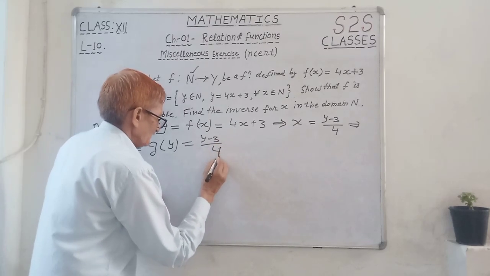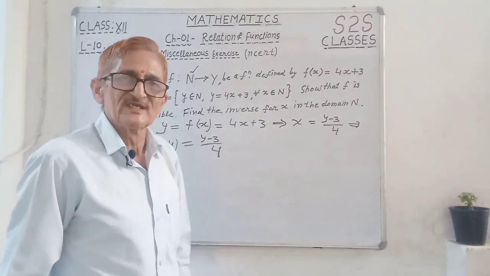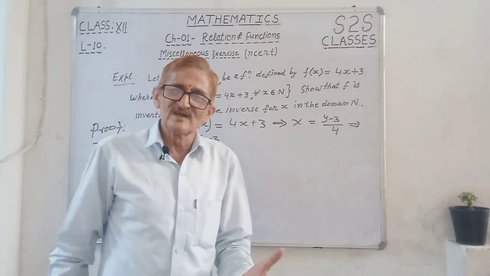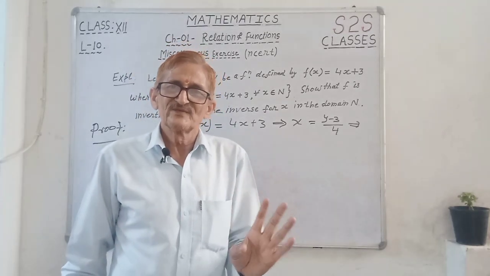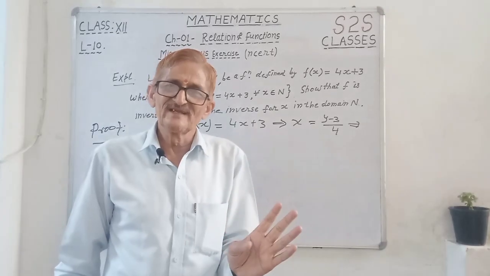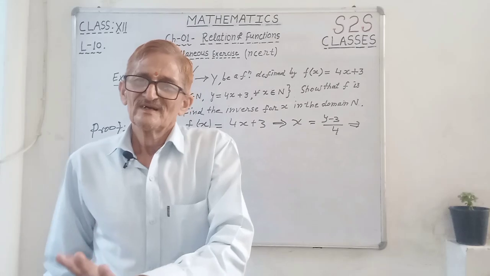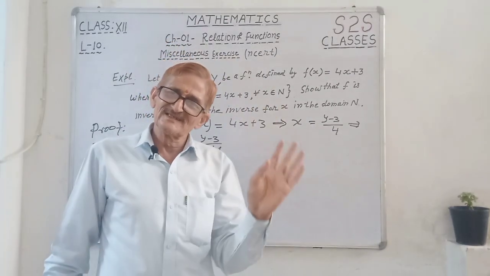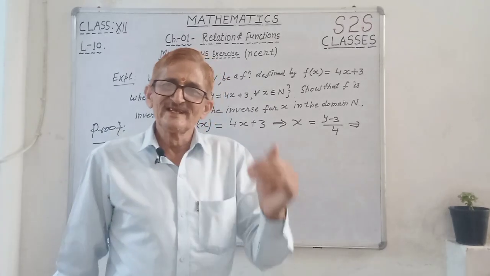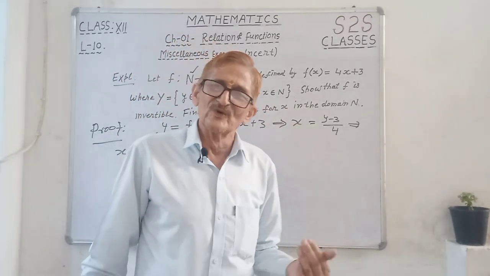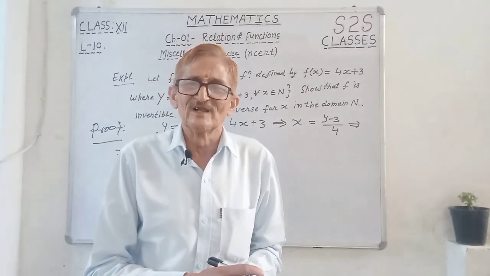Okay, in the y variable we know the invertible definition. What is the invertible definition? If a function f has a domain of natural numbers, then the g function's range definitely will come in the natural numbers. If the domain is equal to the range and the range is equal to the domain, vice versa, in two functions, then both will be invertible.